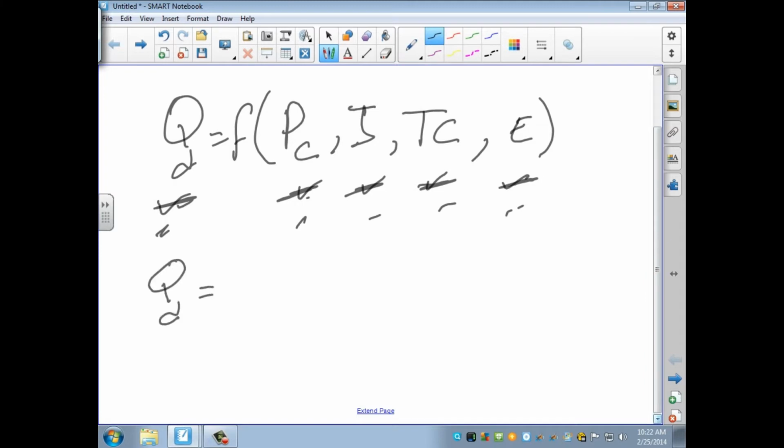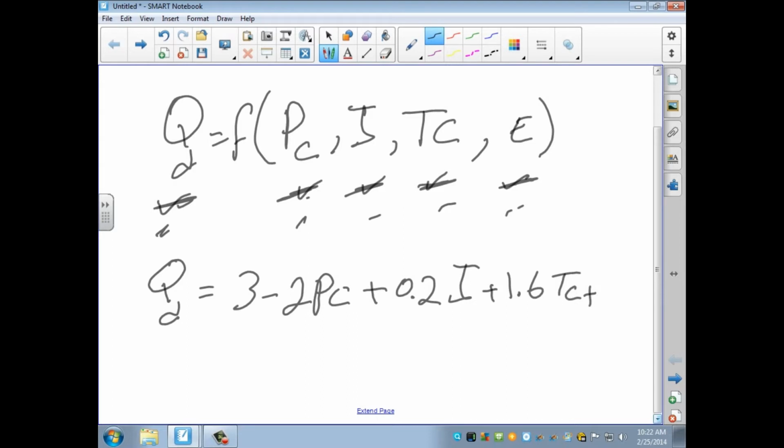Quantity demanded for copper is equal to, this is in your book by the way, 3 minus 2 PC plus 0.2 I plus 1.6 TC plus 0.04 E.